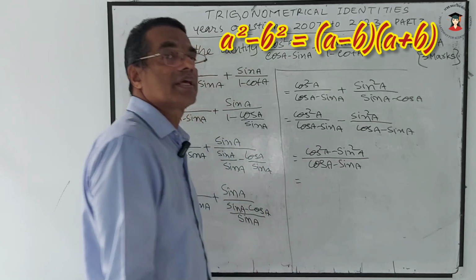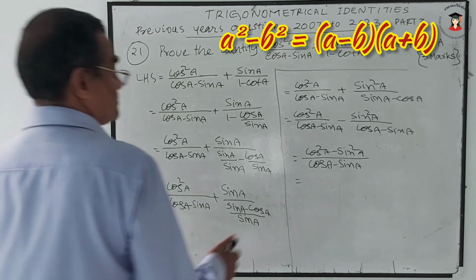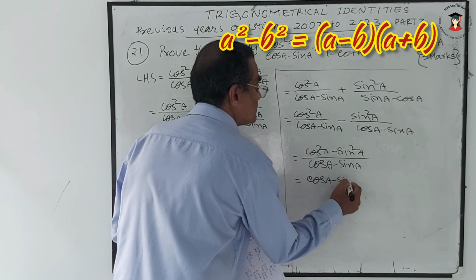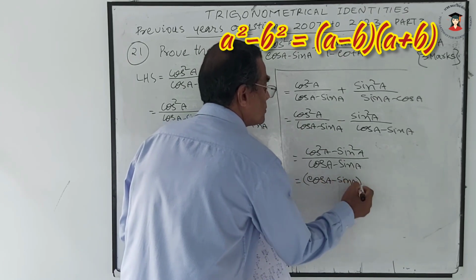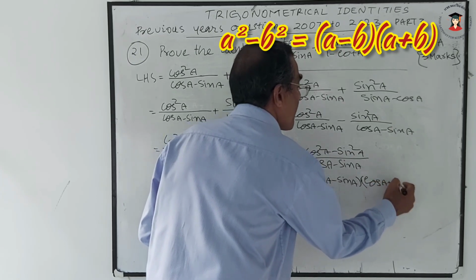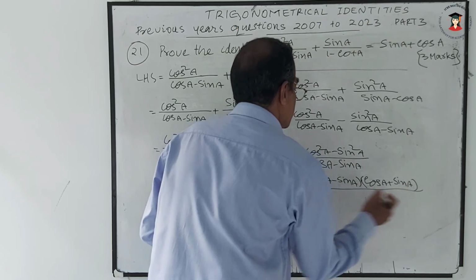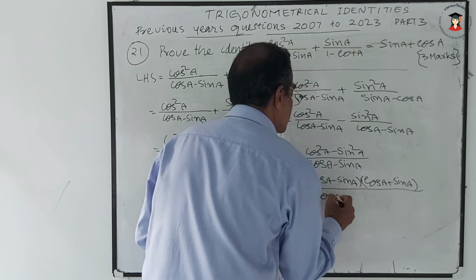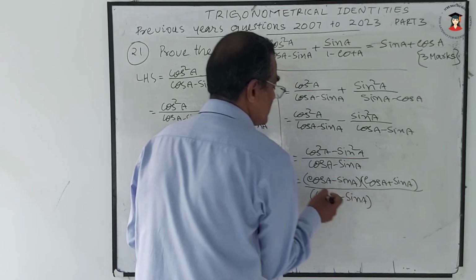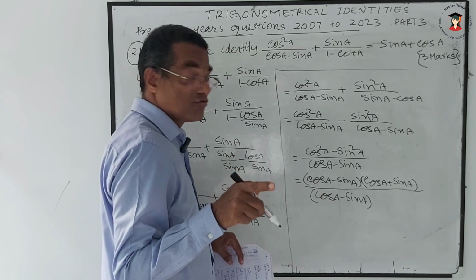Cos square A minus sin square A can be written as cos A minus sin A into cos A plus sin A. So cos A minus sin A into cos A plus sin A, divided by cos A minus sin A. Now this is cos A minus sin A by cos A minus sin A, and we will get 1.